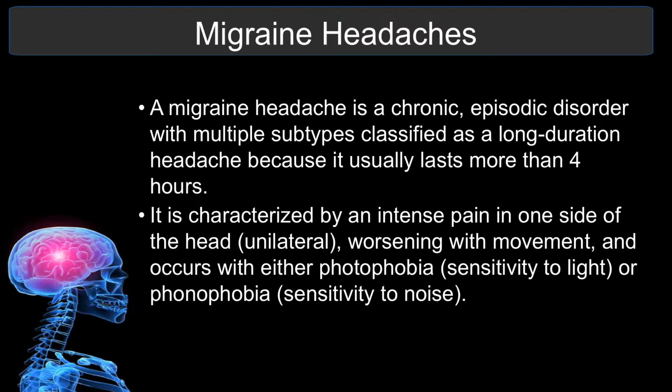A migraine headache is a chronic, episodic disorder with multiple subtypes classified as a long-duration headache because it usually lasts more than 4 hours, and it is characterized by an intense pain in one side of the head that is unilateral, which worsens with movement and occurs with either photophobia, that is sensitivity to light, or phonophobia, that is sensitivity to noise.